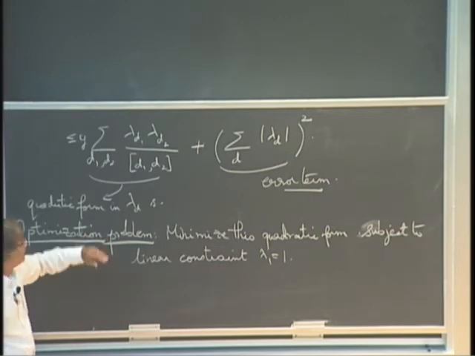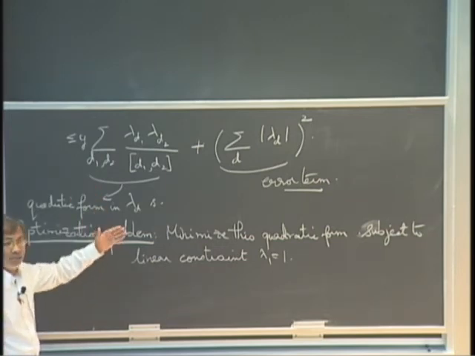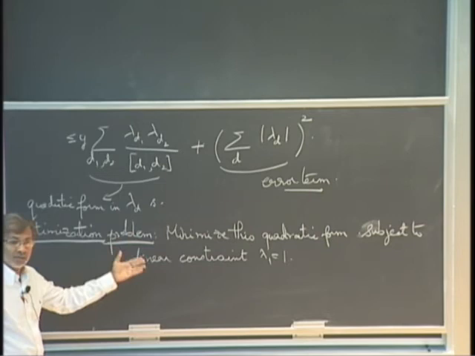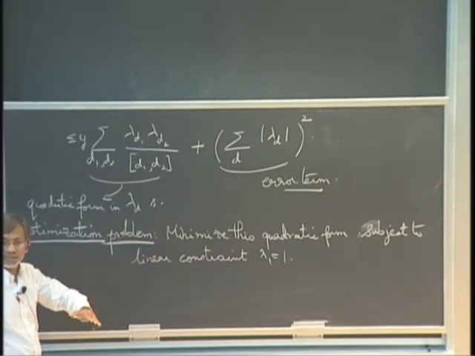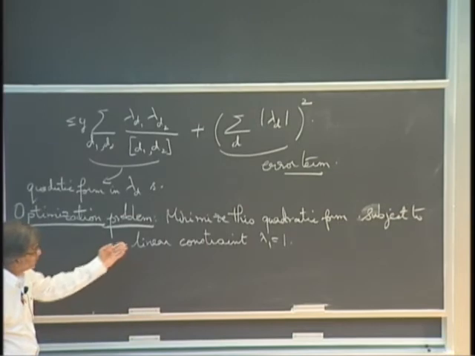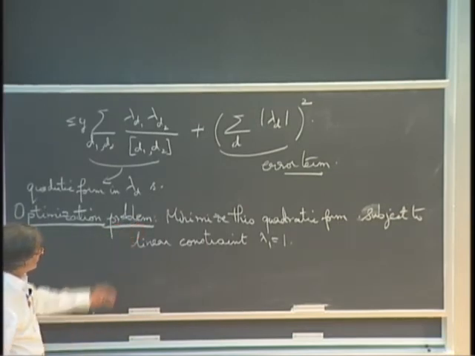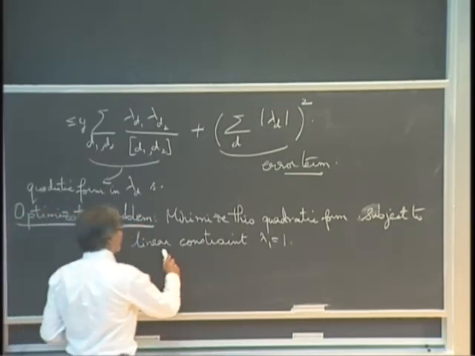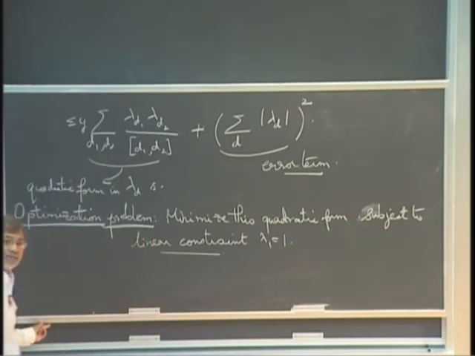The problem really happens to be minimize some quadratic form subject to some other quadratic form being fixed, or the ratio of two quadratic forms. So that will become clearer later on this week and over the next week. Okay, but for the pure application to the sieve, this is the optimization problem that we've come up with.